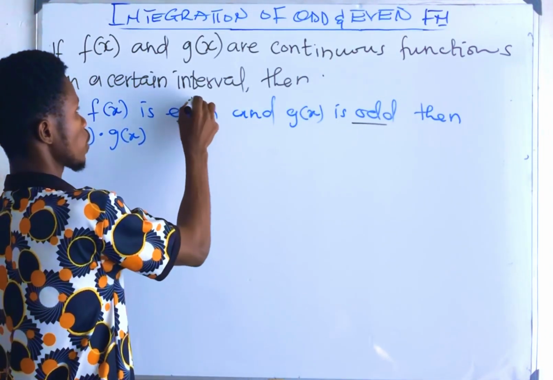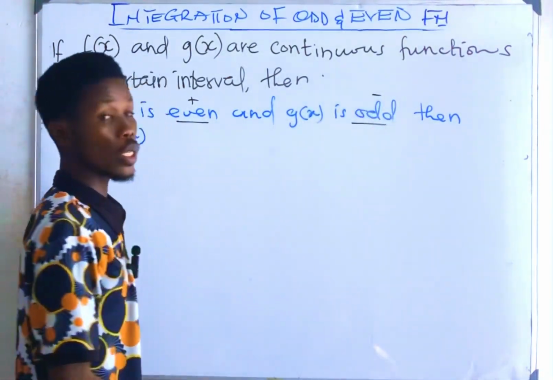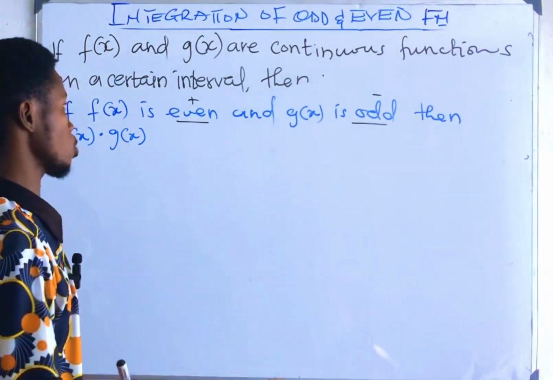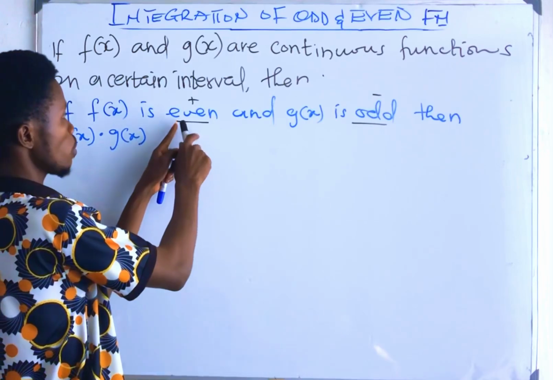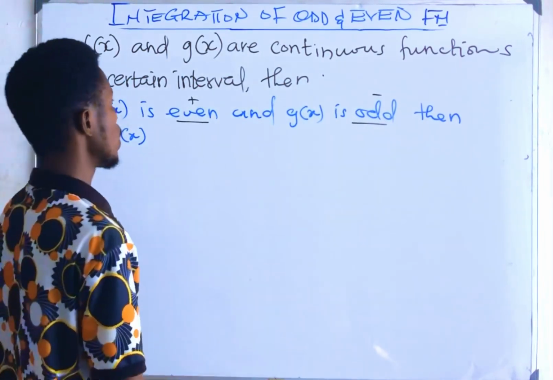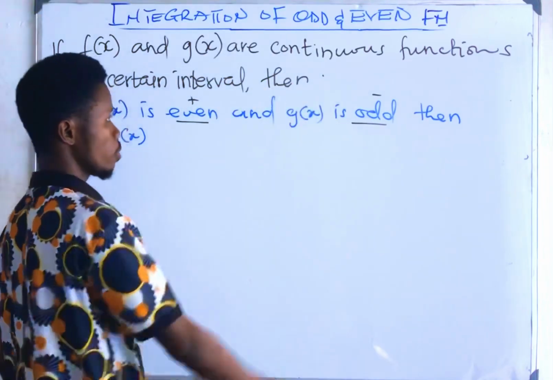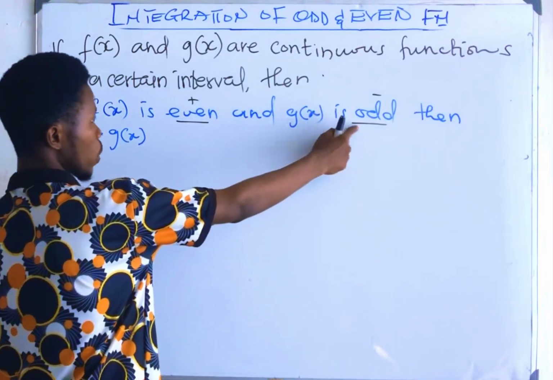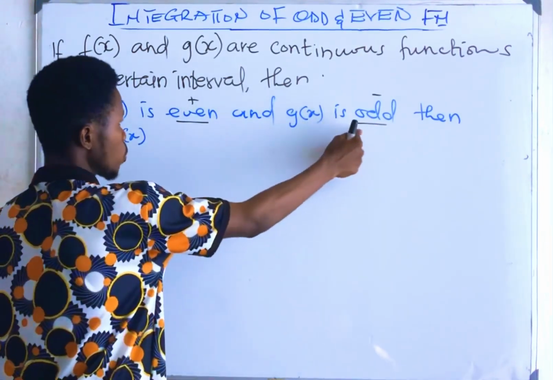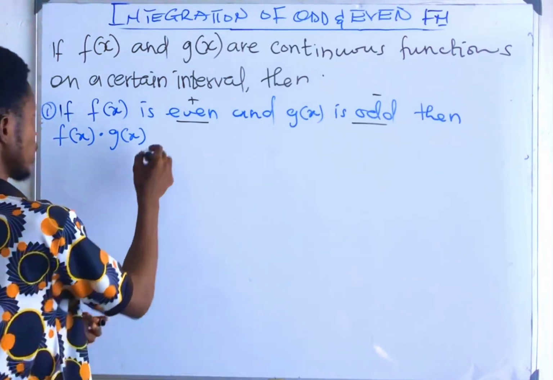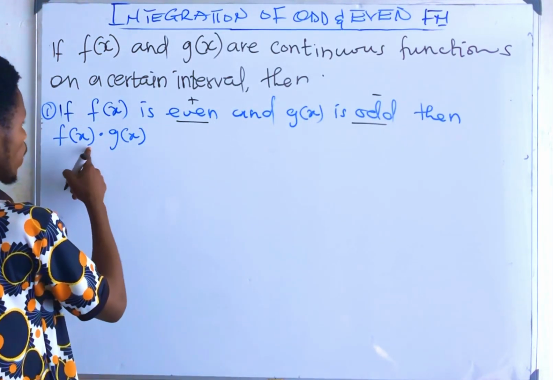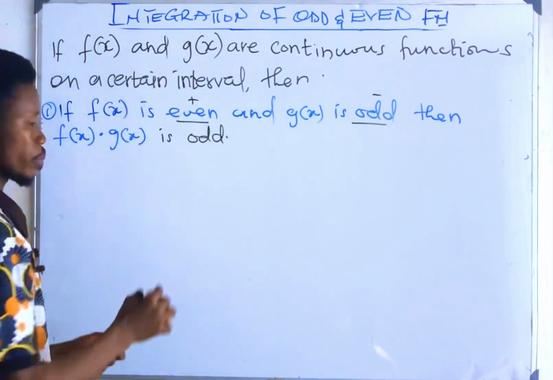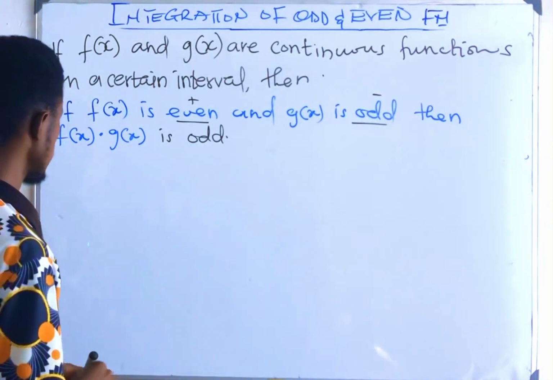Let's take even as positive and odd as negative. I'm not saying that odd is negative and even is positive. What I'm saying is let's just take it that way. Math is all about assumptions. When a positive multiplies a negative, you get negative. So if we take odd as negative, it means that even times odd gives odd. So f(x) times g(x) is odd. You will see the importance of this, don't worry.